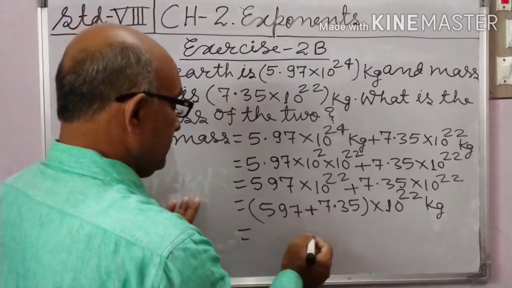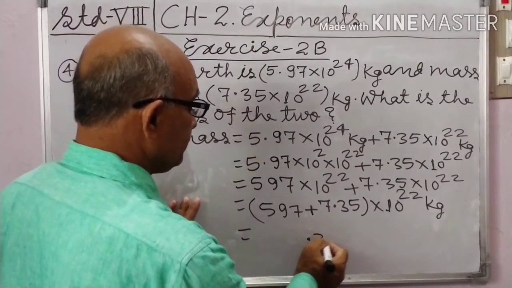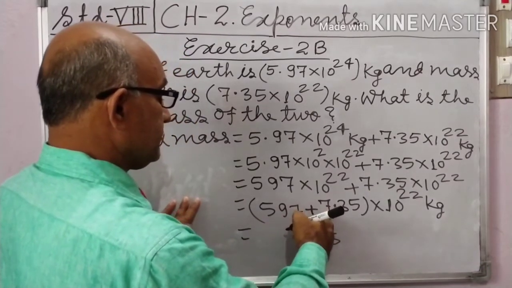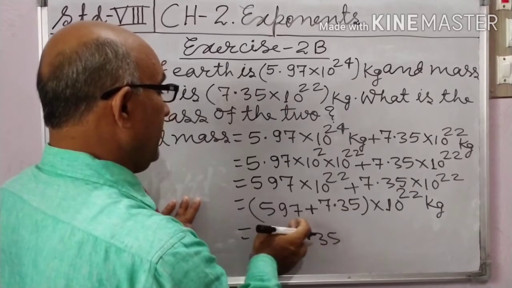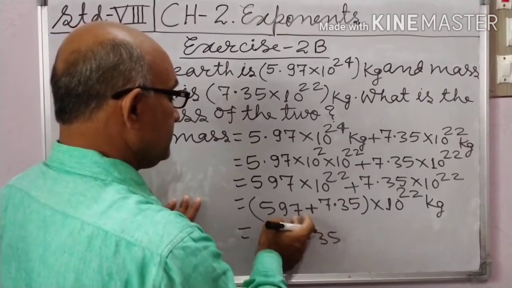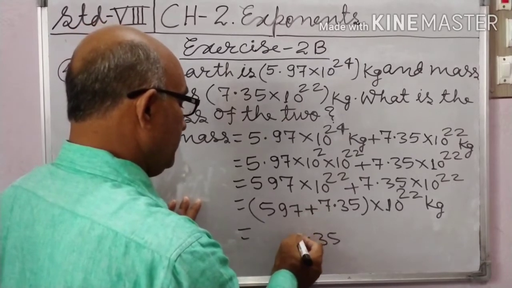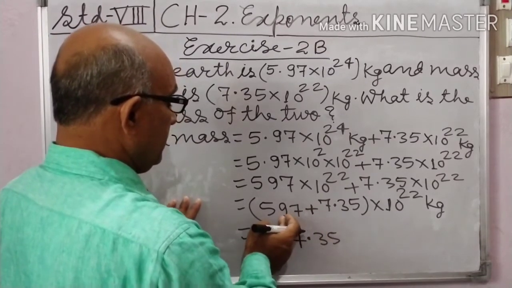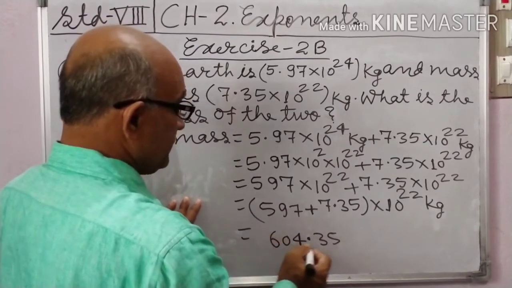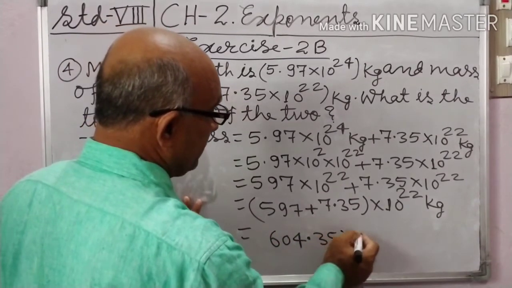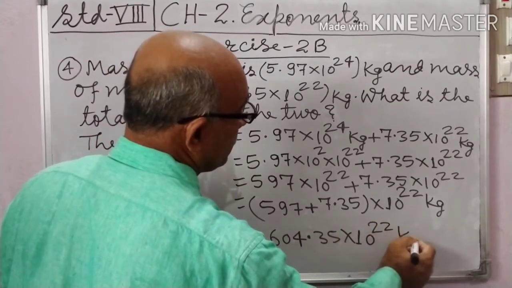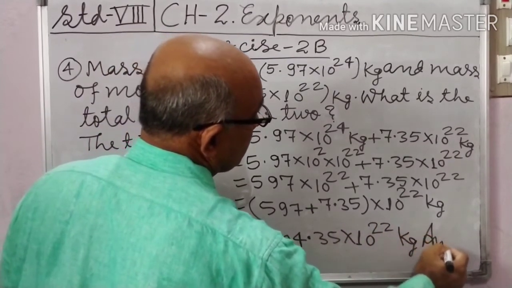Now add it. 0.35: 7 plus 7 is 14, write 4 and carry 1; 9 plus 1 is 10, write 0 and carry 1; 5 plus 1 is 6. So 604.35 into 10 to the power 22 kg.